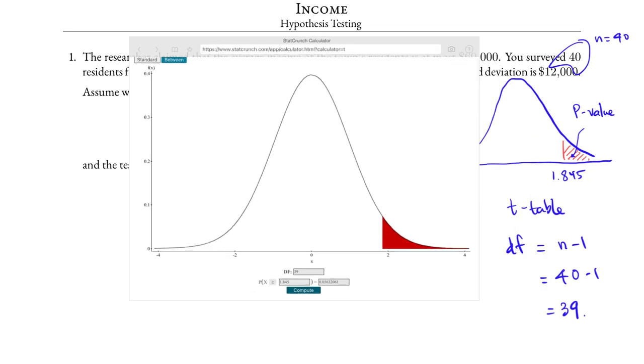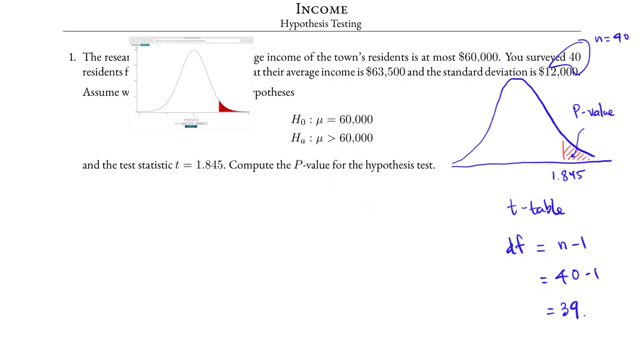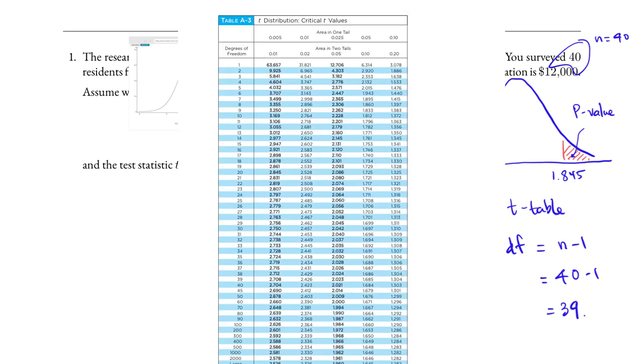And we conclude that the corresponding p-value for t greater than or equal to 1.845 is 0.0363. In the t calculator, they use x, but this is the t-distribution. And this is known as the p-value for the hypothesis t-test.